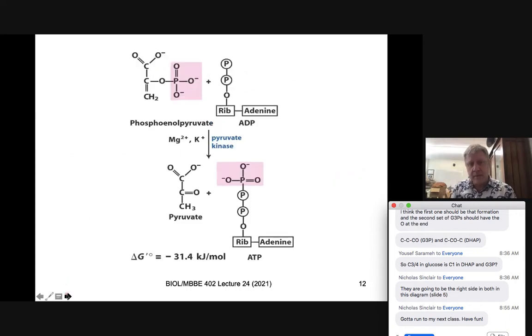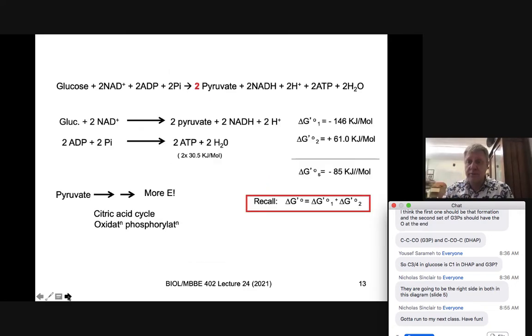So again, the phosphoenol pyruvate and the utilization of ADP with magnesium, with the pyruvate kinase, gives us capacity to produce that ATP, which we're going to utilize to pay off our debt in the preparative stage and produce an enormous amount of energy, negative 31.4 kilojoules per mole, which will then also promote the small increments of positive delta G prime 0 that we need to continue this reaction to move forward.